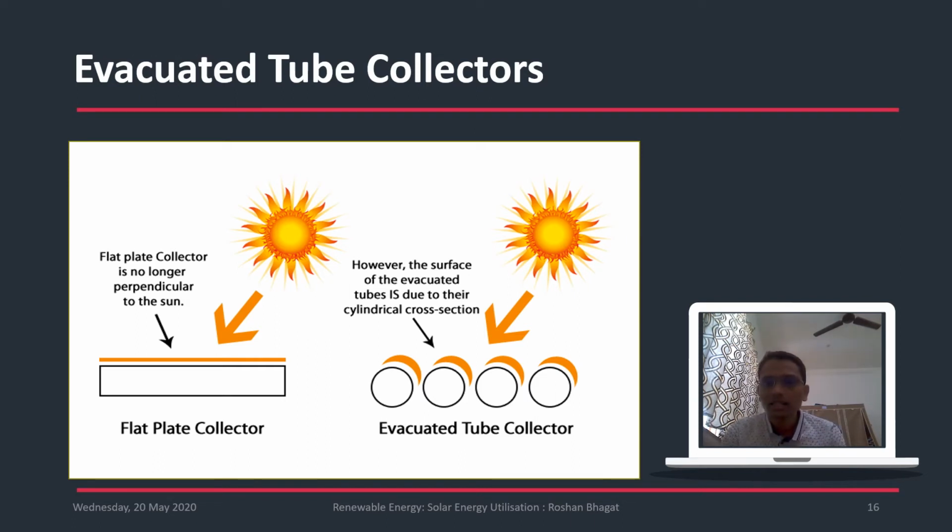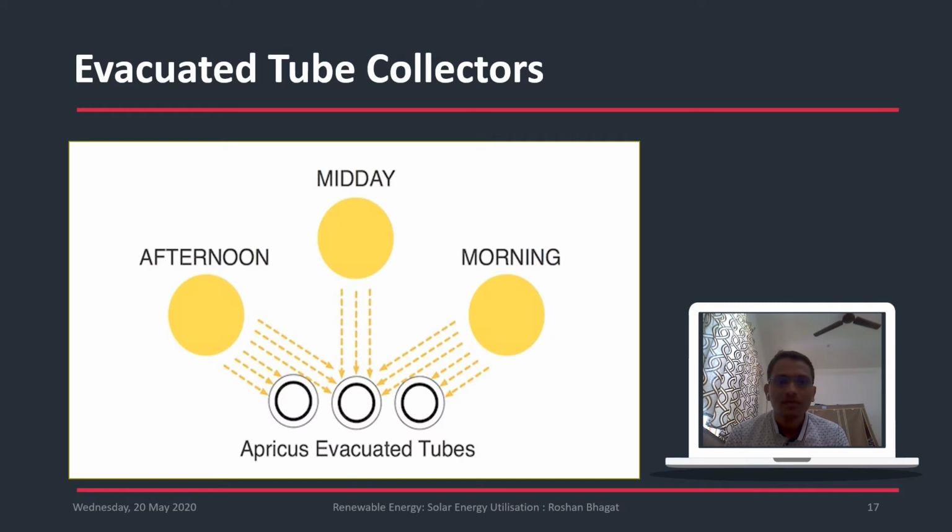So the solar radiation is normal to the surface, and that's why the maximum utilization of solar energy is taking place. This is what we have discussed earlier.